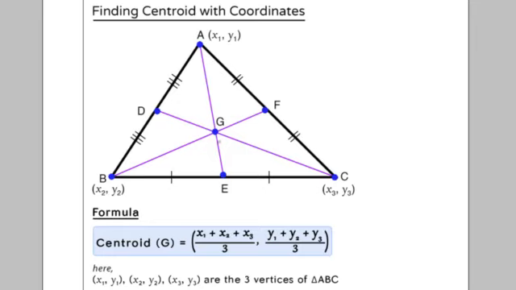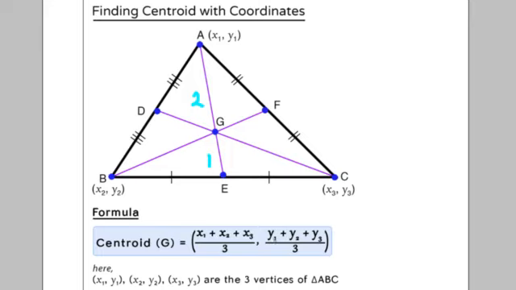We also know that the centroid G divides each median in the ratio 2:1. So the formula to find the centroid of a triangle is the sum of its x coordinates divided by 3.